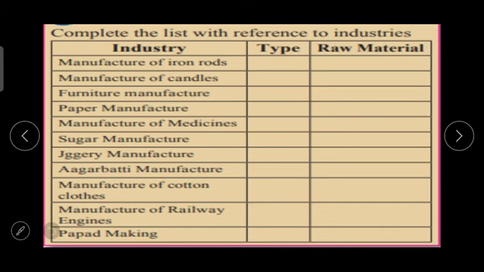Then manufacture of candles, furniture manufacture, paper manufacture, sugar manufacture, jaggery manufacture, agarbatti manufacture, manufacture of cotton clothes, manufacture of railway engines and papad making. So papad making is the small scale industry or small industry, and raw material required for that you can write. So just go through this table.